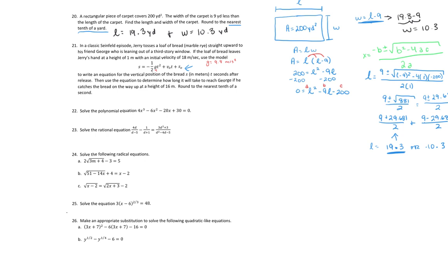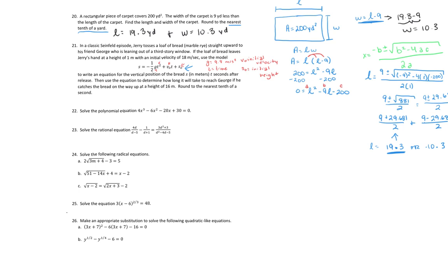And then this t is just some time. So all our t's are just some time. V naught here is our initial velocity. And S naught here is our initial height.